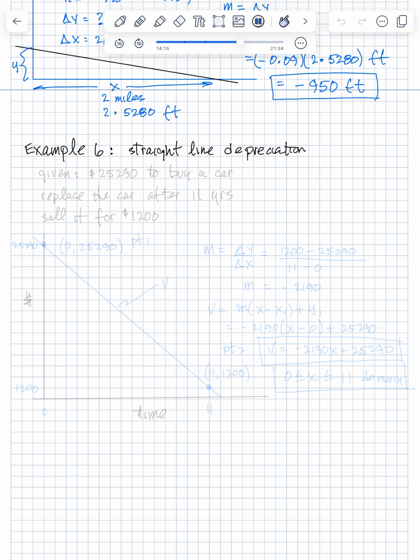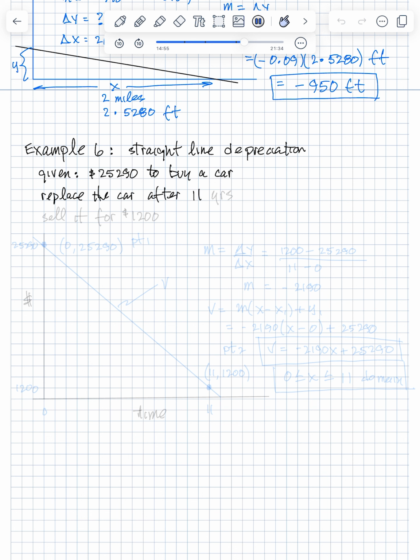Okay, here's what's given in the problem. You're going to buy a car for $25,290. And you're going to replace the car after 11 years.